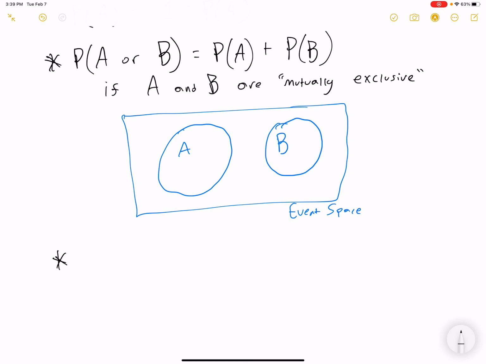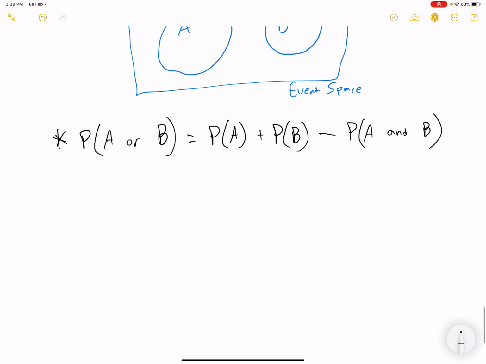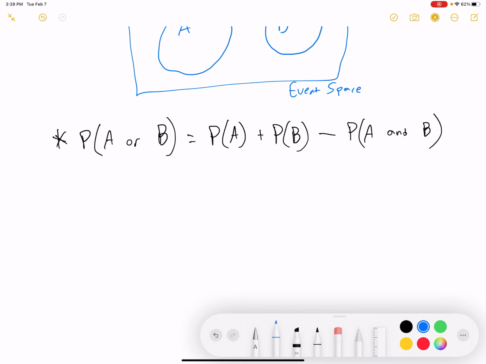If they're not mutually exclusive, then probability of A or B equals probability of A plus the probability of B minus the probability of A and B. And we can intuit this by drawing it out.